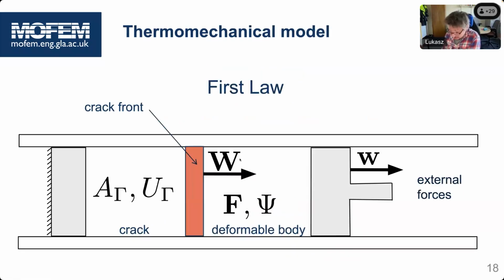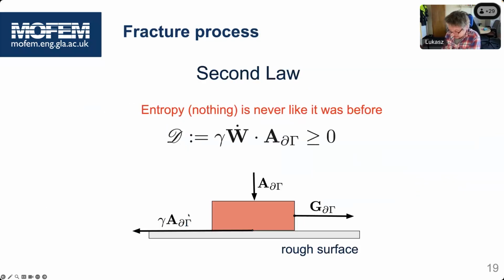The movement of the internal piston is characterized by this analog: this is the Griffith force, which tries to move the crack front, and this is the material resistance, which is the growth of the crack area and the surface energy created by that.